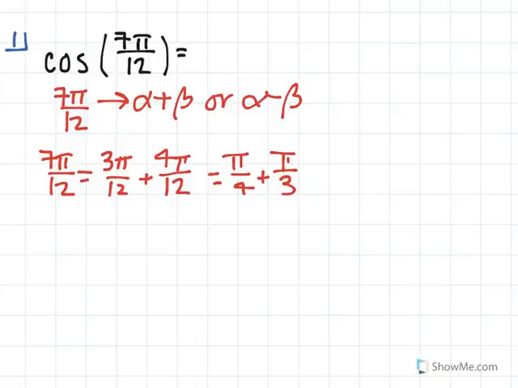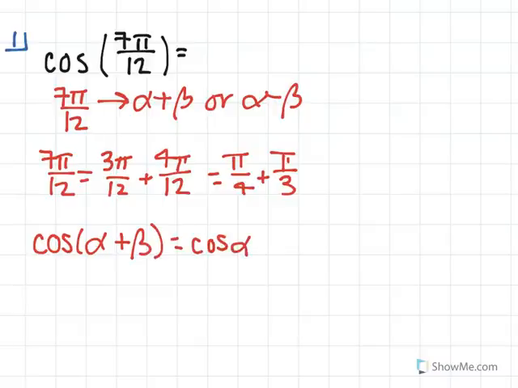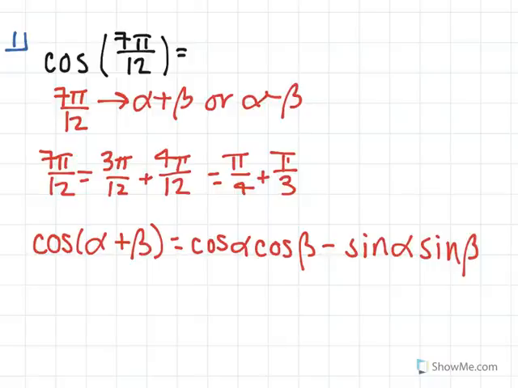So we're going to use our identity for cosine of alpha plus beta, and that equals cosine alpha times cosine beta minus sine alpha times sine beta.